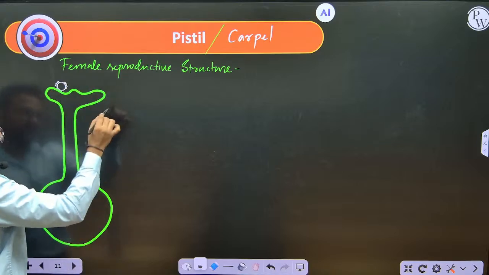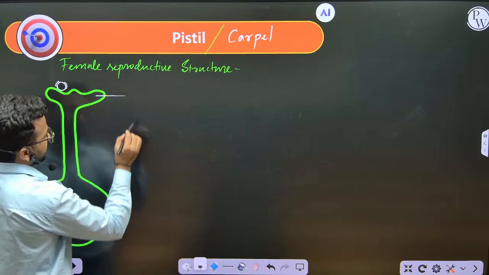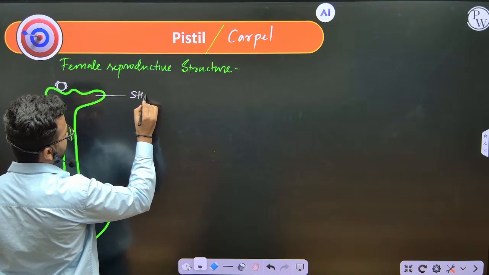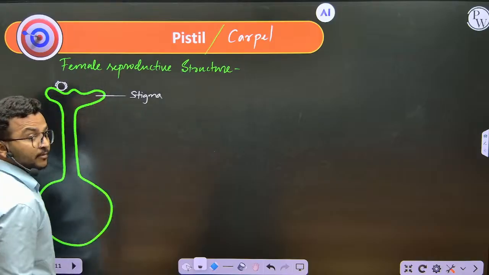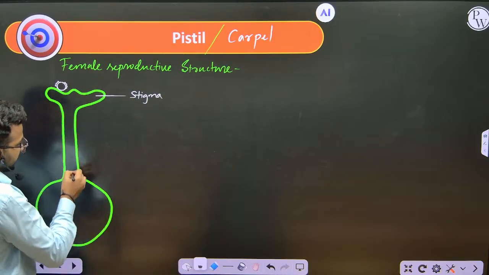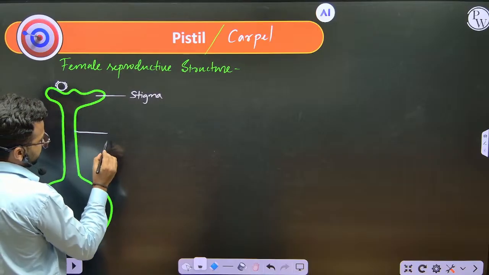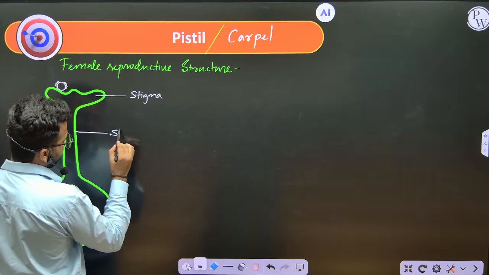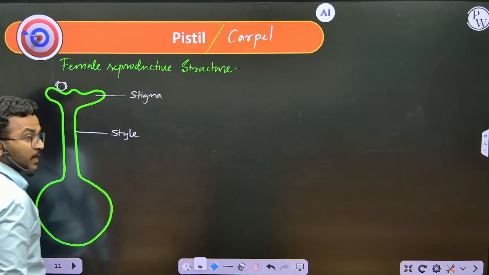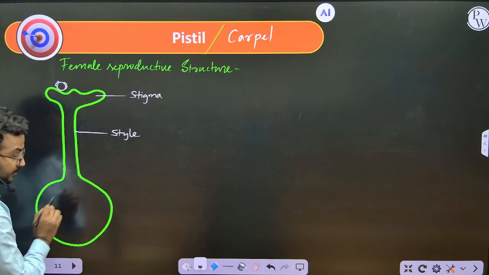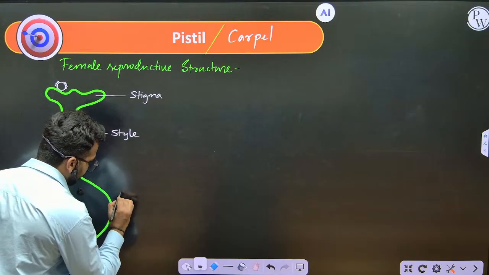The landing surface of pollen, we are calling this as stigma. The slender tube-like structure, this one we call as style. And the swollen base, this one we are calling as ovary.